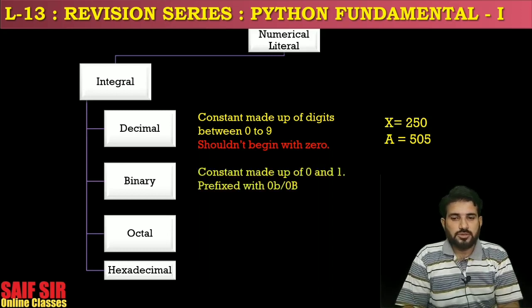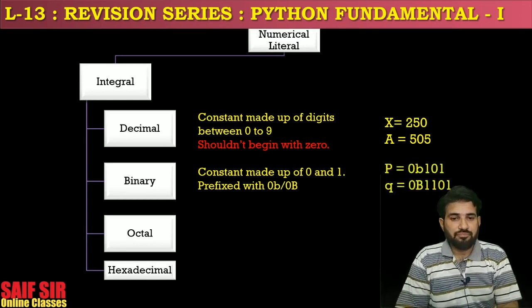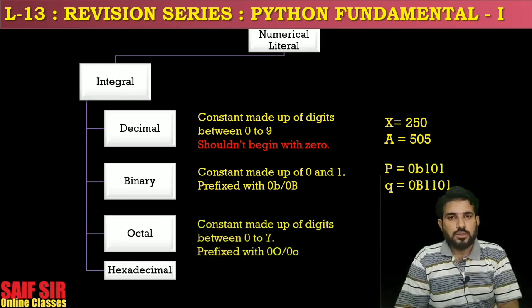Now binary literal. What is a binary literal? A binary number, which computers usually understand, is a sequence of zeros and ones. But if in Python you want to specify it, you have to specify it using the prefix 0b, like this. I will show you the demo also. Octal literal: octal stands for 8 symbols from 0 to 7.